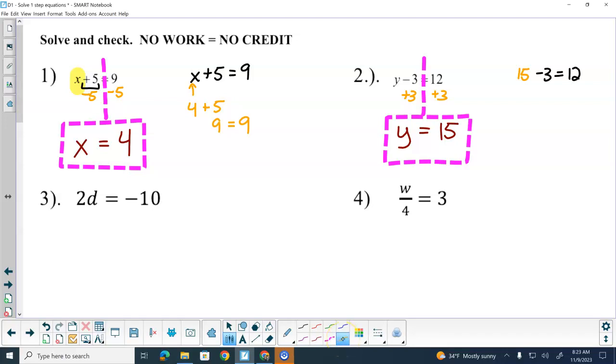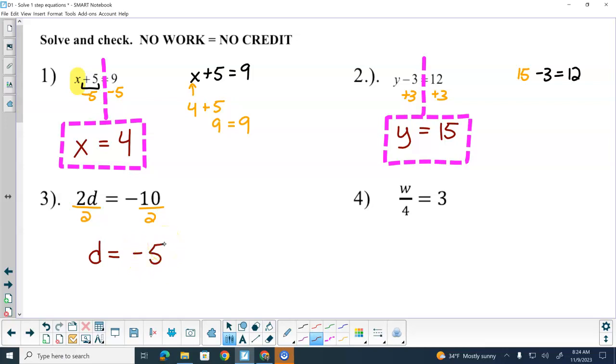So we're going to have to divide by 2. 2 divided by 2 is 1. 1 times D is D. So we've got D here. Negative 10 divided by 2 is negative 5.